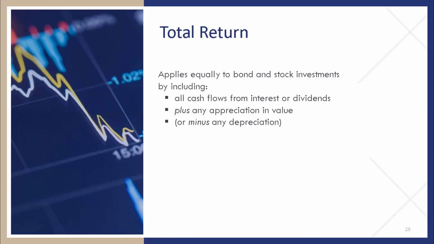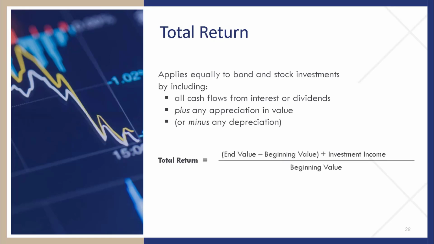Now let's look at the concept of total return. Now the total return generally refers to all cash flows, which refer to dividends and interest, not stock dividends, cash dividends, plus any appreciation in the value of those securities, or minus any decline or depreciation in the value.